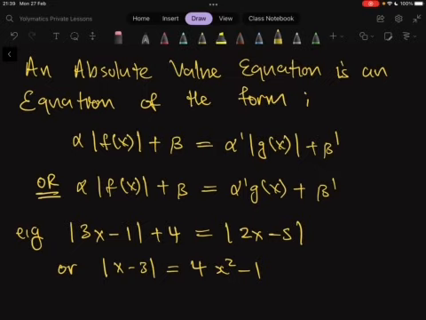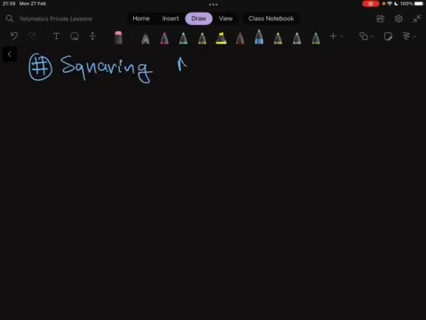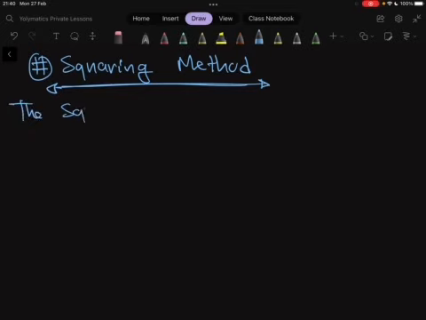So the next thing that we are going to look at is learning how to solve this equation using the squaring technique. You see, so what exactly is the squaring method when it comes to solving absolute value equations?